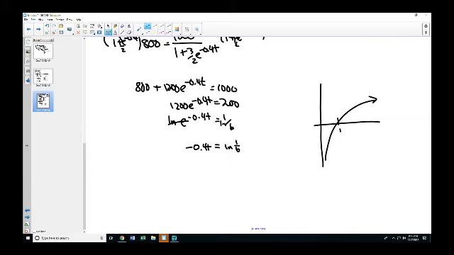Well, then you have to multiply the 0.4 across, or you do that after you evaluate your natural log. Yeah, so t is natural log 1/6 over negative 0.4. That's going to give you some number.